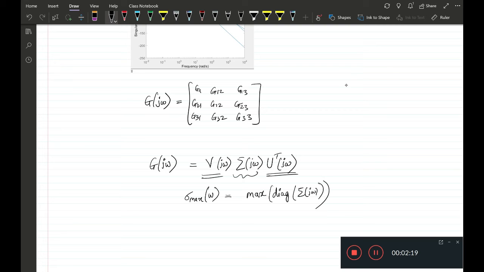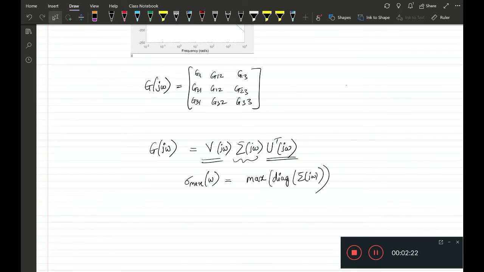And that means that if I had an input along, so let's say for an omega we get u1 of j omega as the direction corresponding to the maximum singular value, we would get G times u1 equal to v1 times sigma 1, that's the output, or I can also call it sigma max.